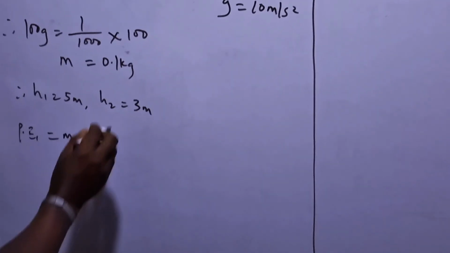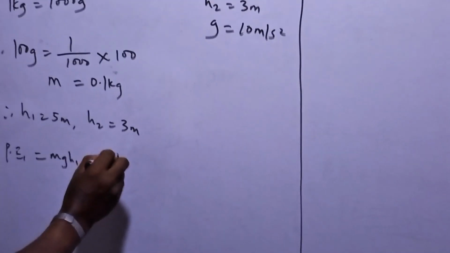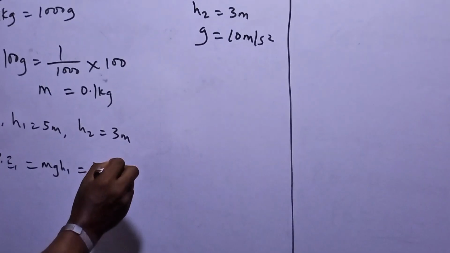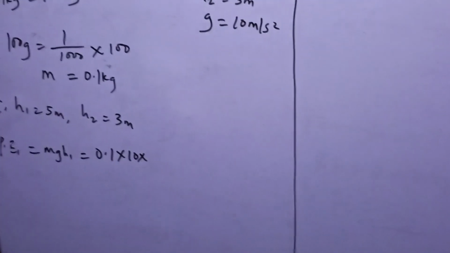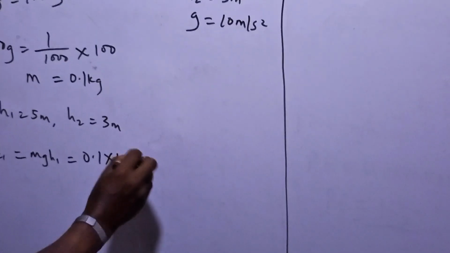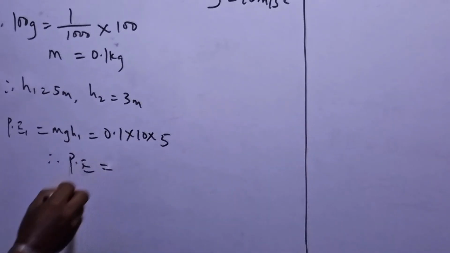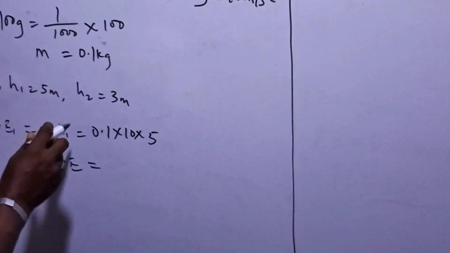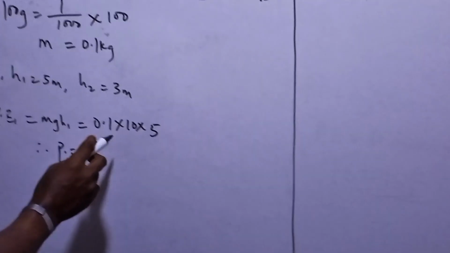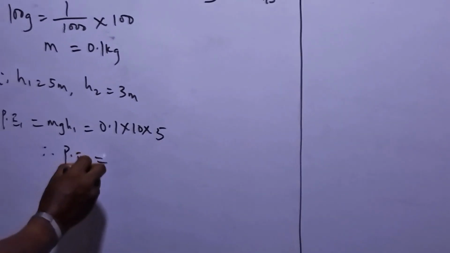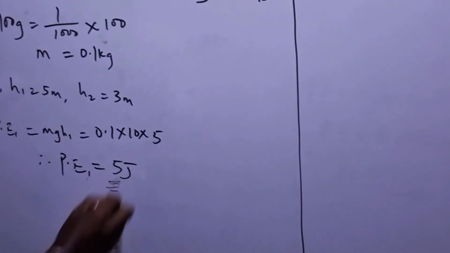We have the mass here to be 0.1 multiplied by the acceleration due to gravity, which is 10, multiplied by the first height, which is 5. If we multiply 0.1 by 10 and by 5, we have PE1 to be 5 joules.